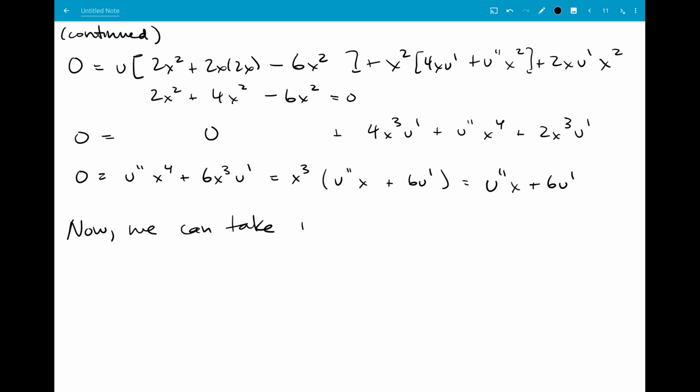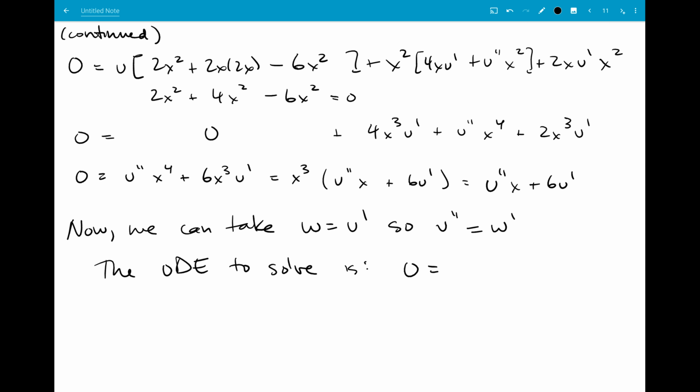Our next step is always going to be to say w is equal to u prime, which means u double prime is equal to w prime. And the ODE to solve is just 0 equal to w prime times x plus 6 times w, or x dw dx plus 6w.